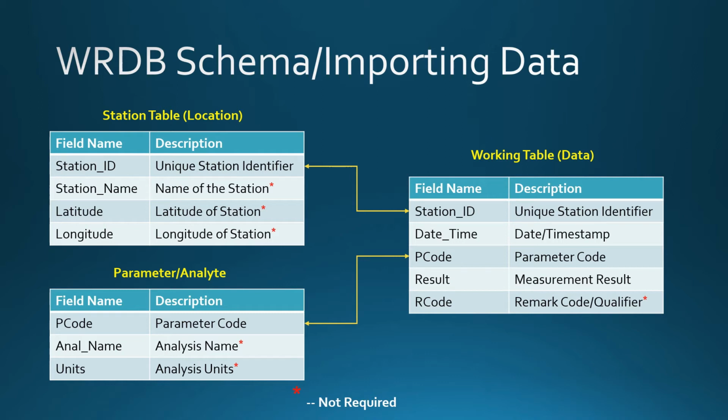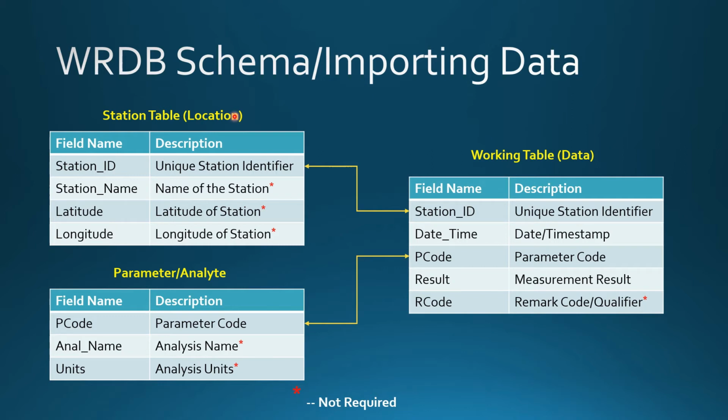So the first one is the stations table, and the stations table is exactly that. That's where you put information that is associated with defining where a sample or model output is associated. And then you have to have a unique station ID. You can give it a name, latitude and longitude if you're going to do any of the spatial components of it. And you'll notice that the gray asterisks, these are not required fields.